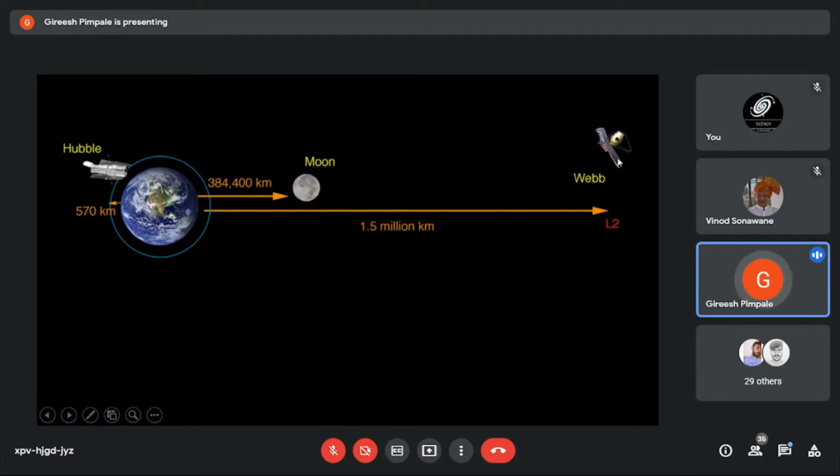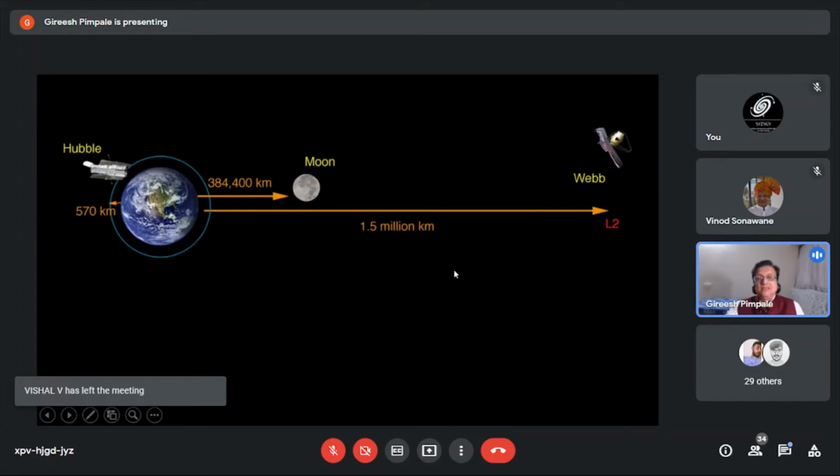And where is Webb? Webb is at this point L2, which is 1.5 million kilometers, that is 15 lakh kilometers from the Earth. So now the Webb telescope about which we are talking is 1.5 million kilometers from the Earth.